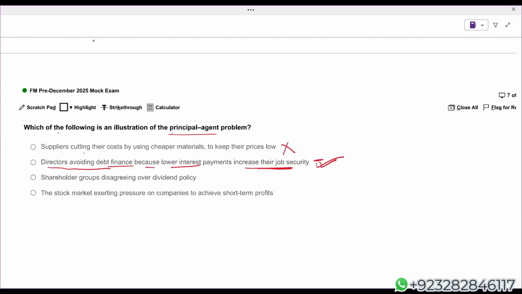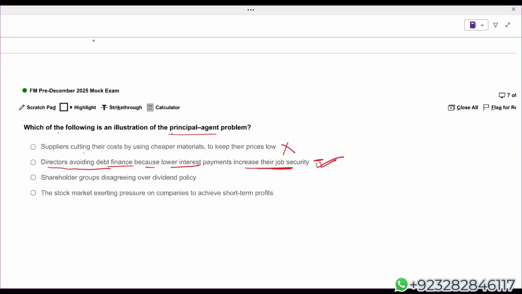But in the principal agent problem, the decisions directors make are beneficial for them, but not beneficial for the shareholders. The question is, directors avoiding debt financing because lower interest payment increases their job security. How does it create a principal agent problem? Basically, shareholders are the principal and directors are the agents. Okay, now try to understand one thing.